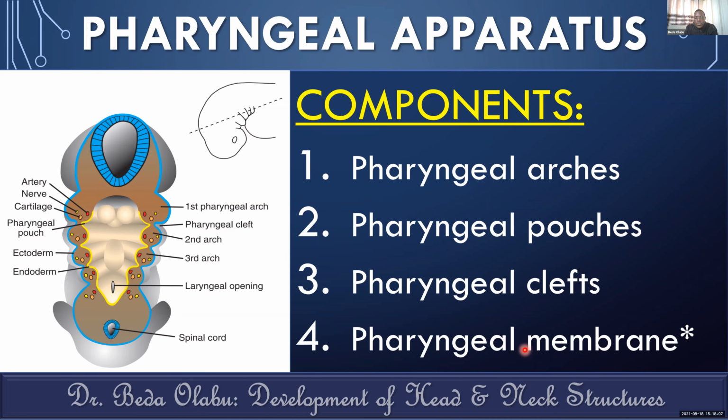I'll be showing you these structures shortly so that you'll figure out what is the membrane, what is the pouch, what is a cleft, and what is the arch. But basically these 4 are the components of pharyngeal apparatus. So when you talk of pharyngeal apparatus, we're referring to these 4 structures.